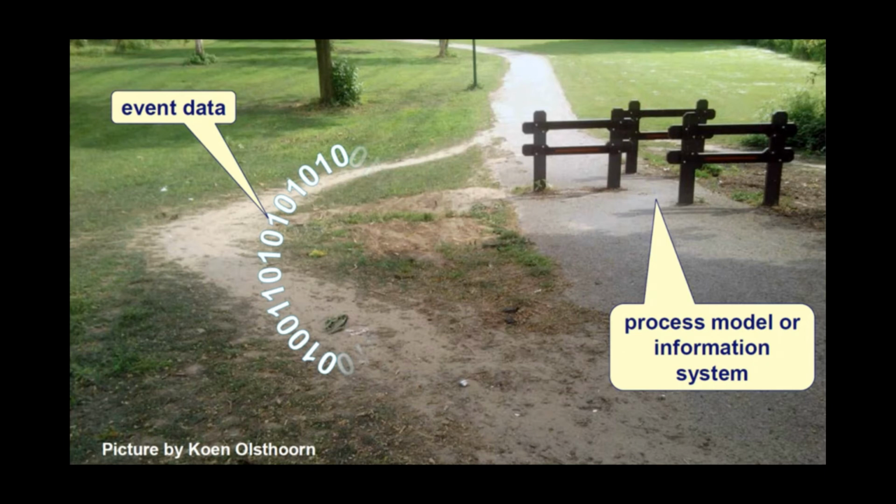Anyhow, this reality of the process execution is captured in the live source systems, such as ERP systems, and can be extracted in the form of event logs or event data. So process mining technology takes advantage of these footprints and visualizes the real executed process models and allows drilling down to find root causes.